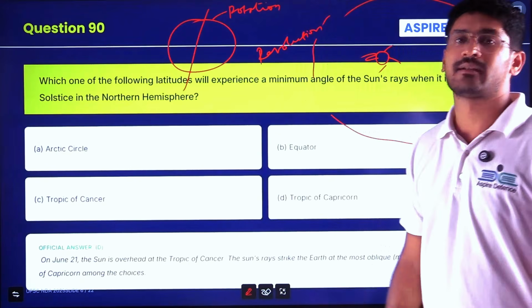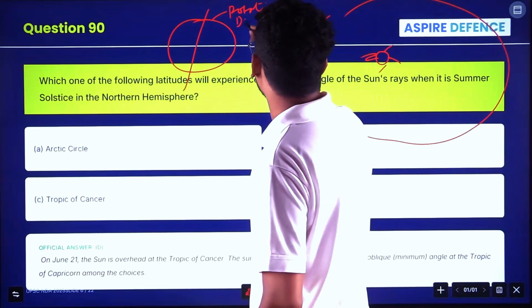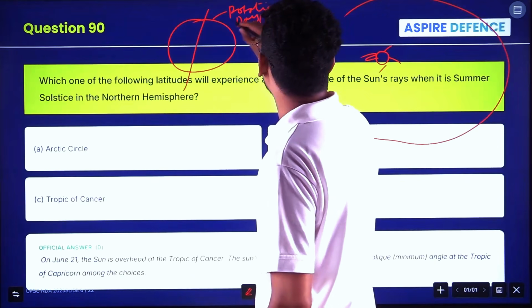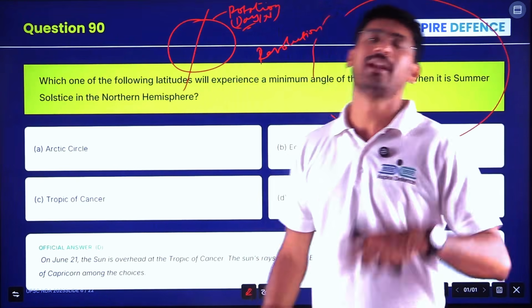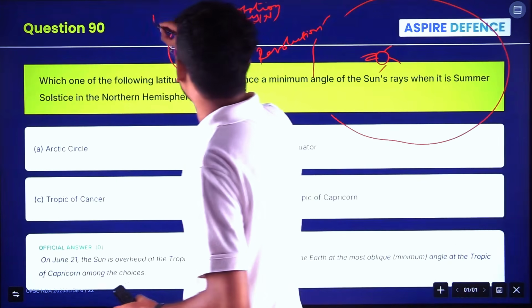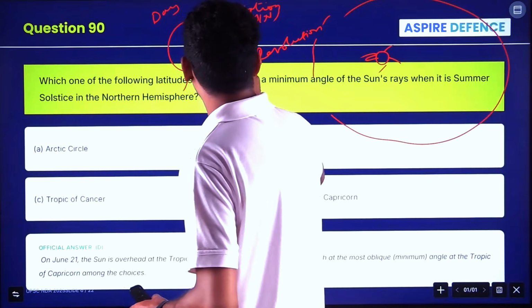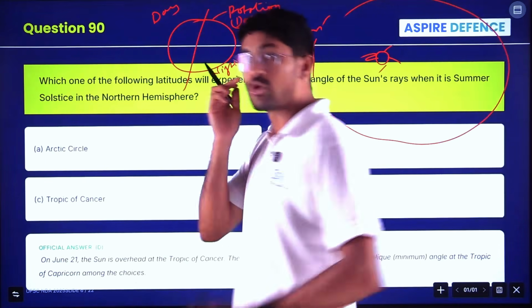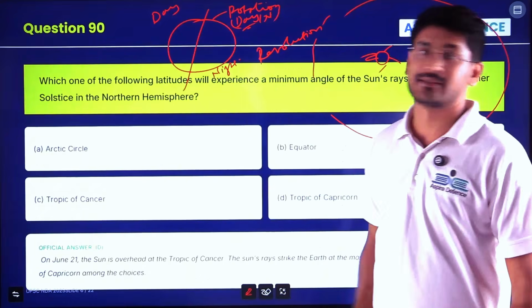Day and night, 24 hours, is caused by Earth's rotation. It might not be exactly 12 hours, but a 12-hour day, 12-hour night, right? That is caused by the rotation of the Earth around its axis.